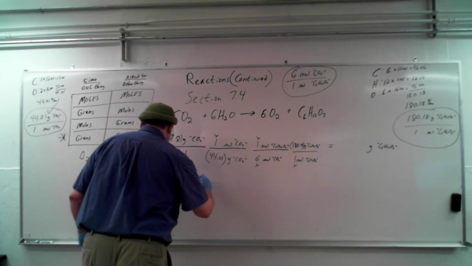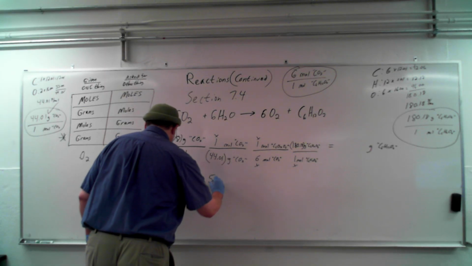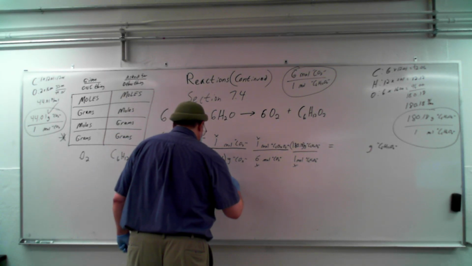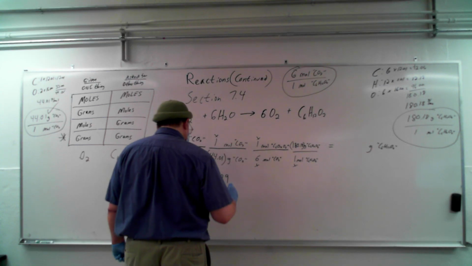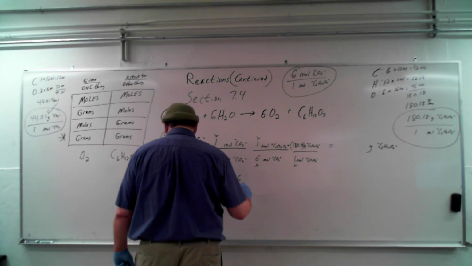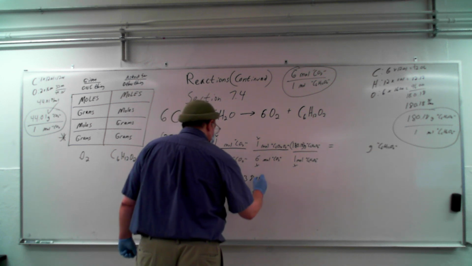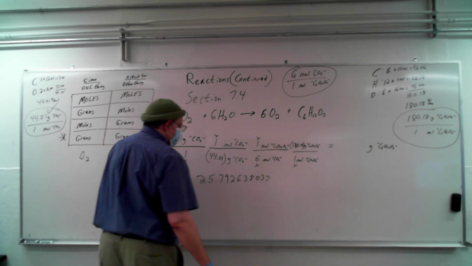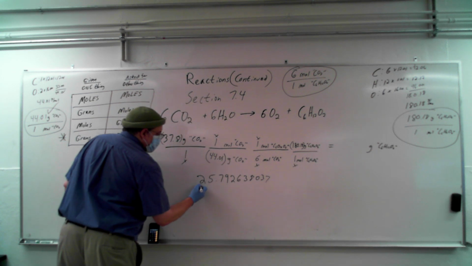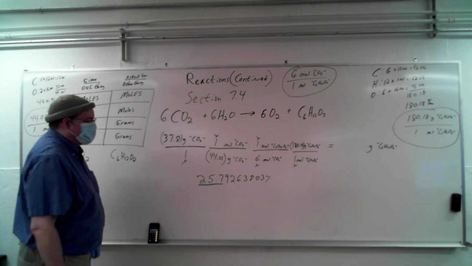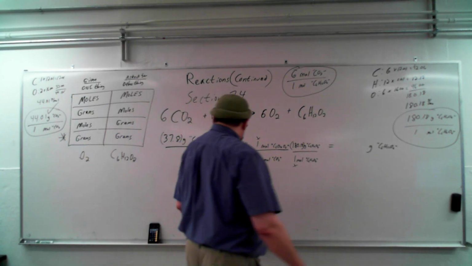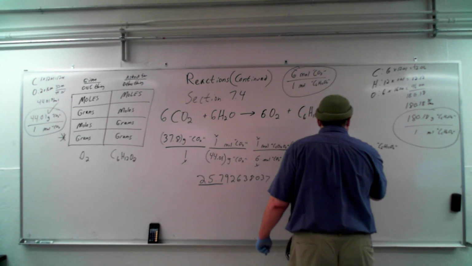My calculator says... Did you get 25.79? Yes. 26. Thanks for double checking. 38, 37. That's exactly what my calculator said. I'm keeping 3 significant figures, the 9 rounds up the 7. So 25.8.